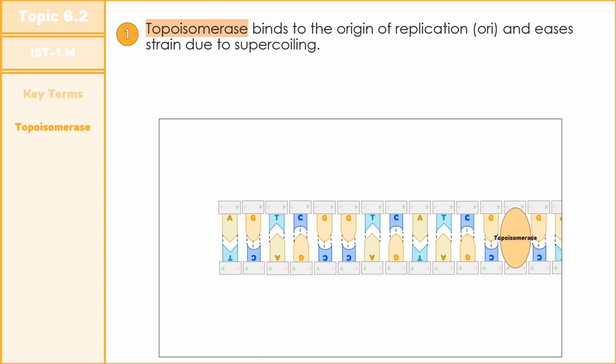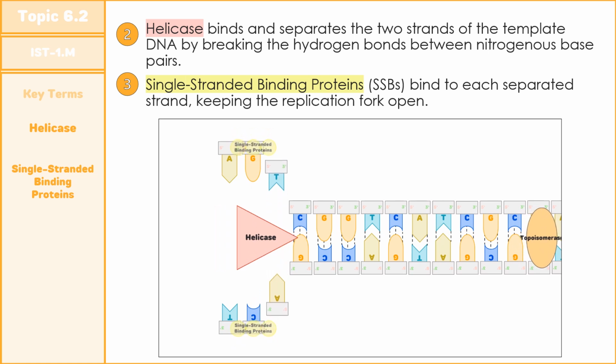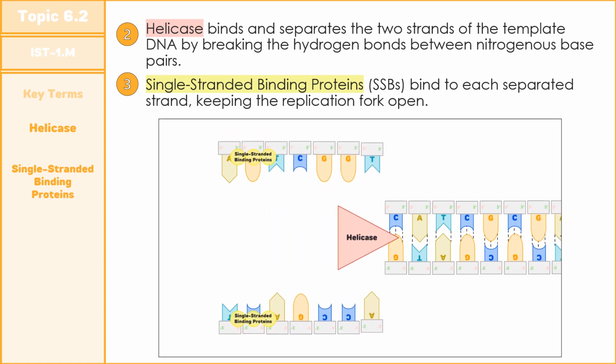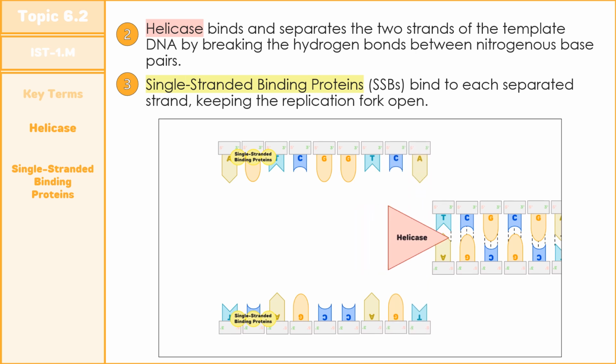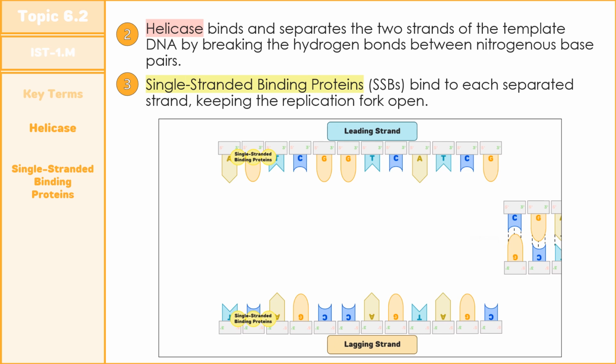From here, our helicase is going to come in and break the hydrogen bonds between our DNA strands and separate those sequences. And you can see here that at the end of our sequence, we have these single-stranded binding proteins that attach to the separated strands and keep that replication fork open.